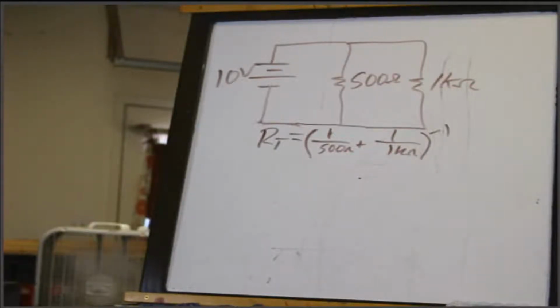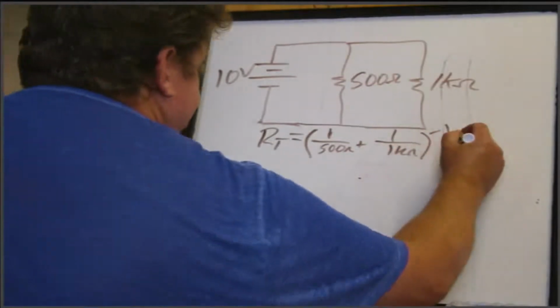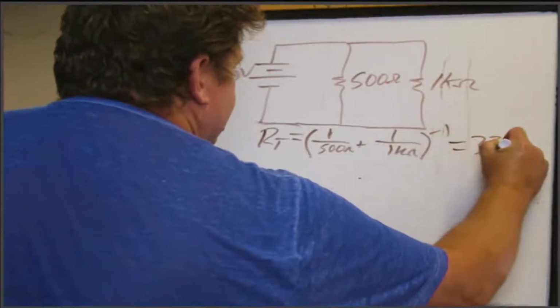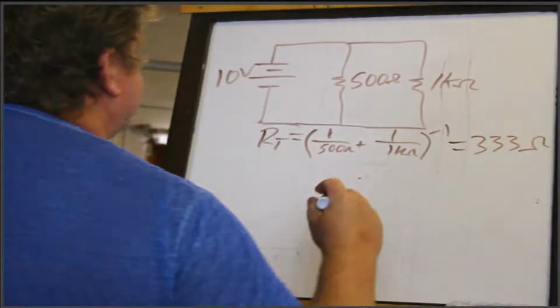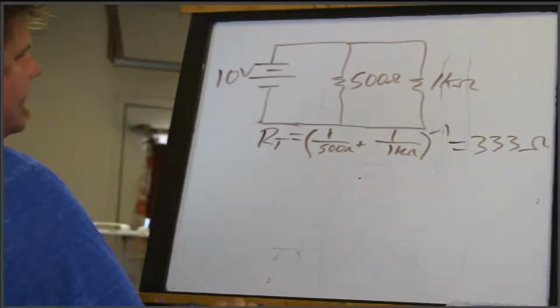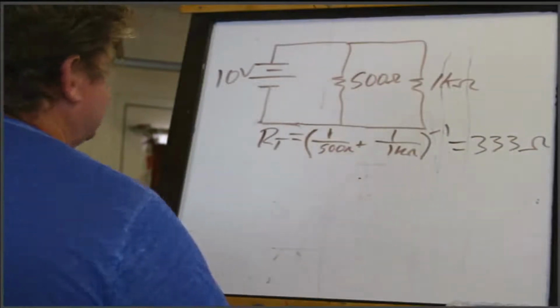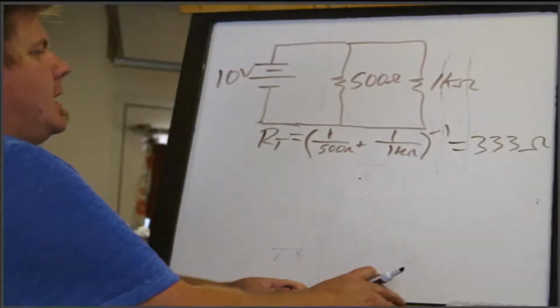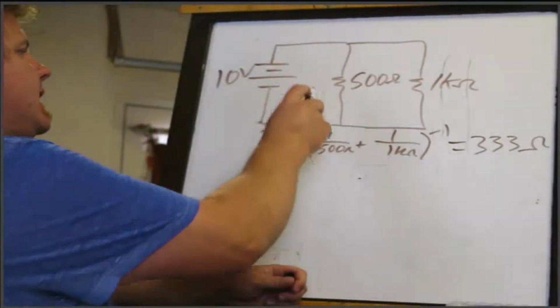So I'm typing in the chat 333 ohms. There we go. Okay. Well, now that we have that, essentially we can look at this.